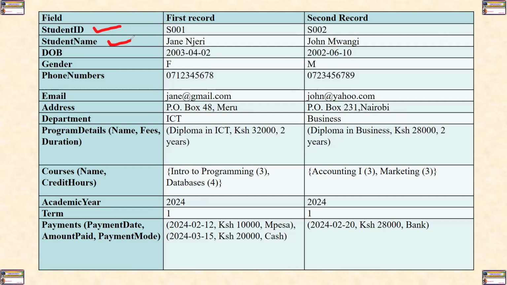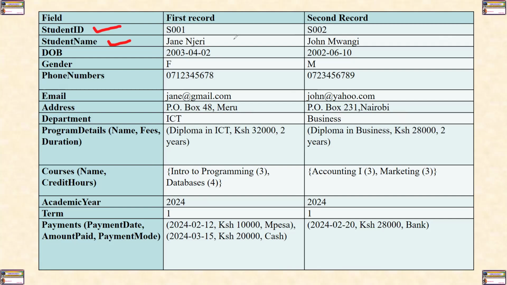We have student name. And if you look, each of these names is a full name, like Jane Jerry. Jane can be a different person, Jerry can be a different person. We have John Mwangi. John can be a different person and Mwangi can be a different person. So you can see already that what we are calling student name is composed of two words each.